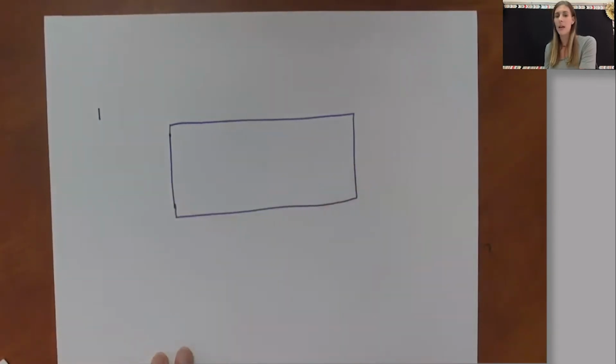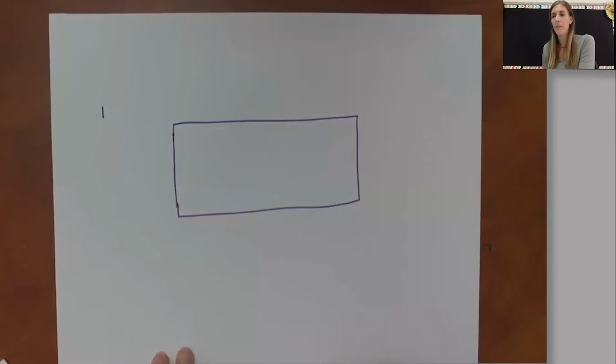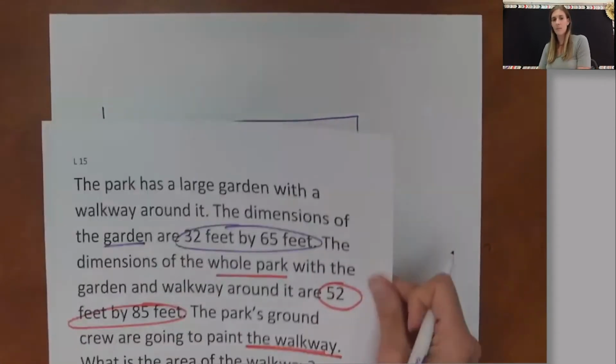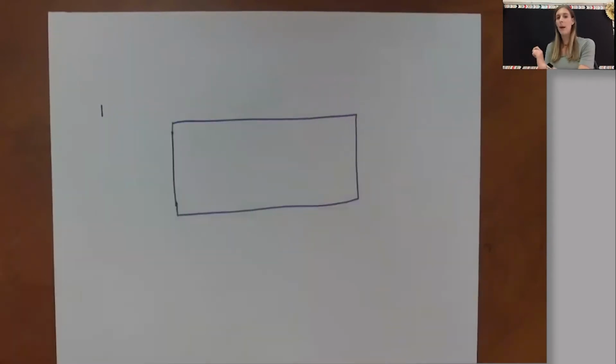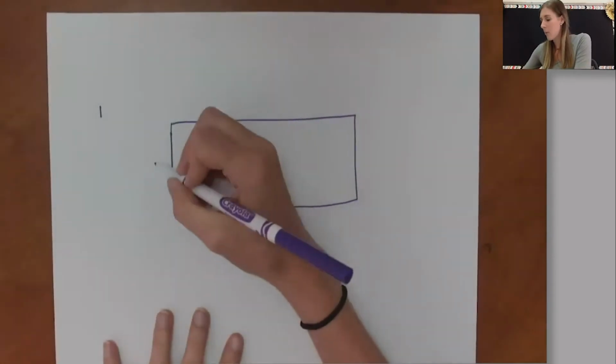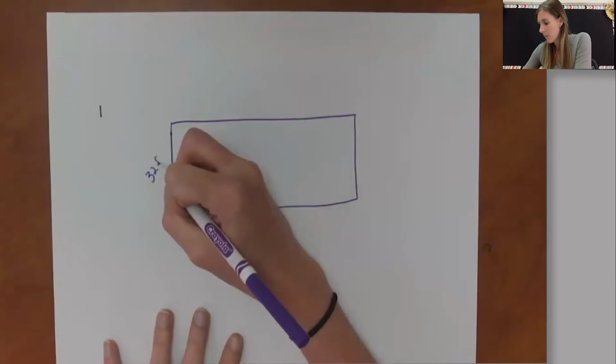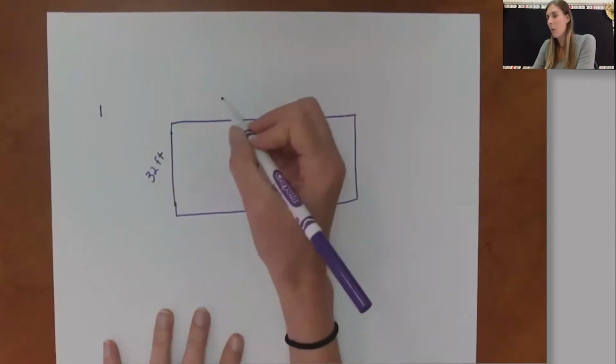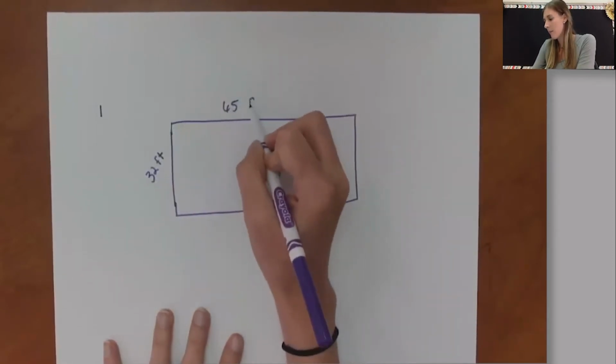So here's my rectangle to represent my garden. And what were the dimensions of the garden? 32 feet by 65 feet. So let's label our dimensions. Length of 32, a width of 65.